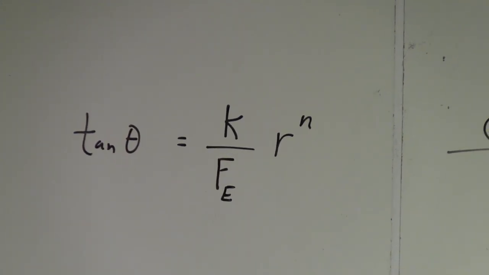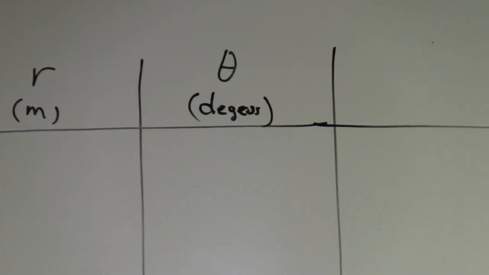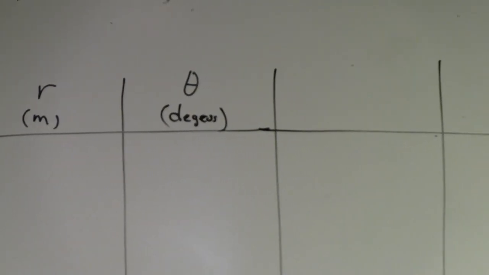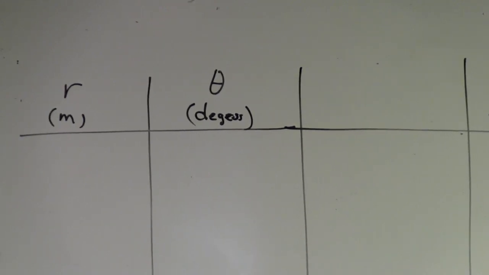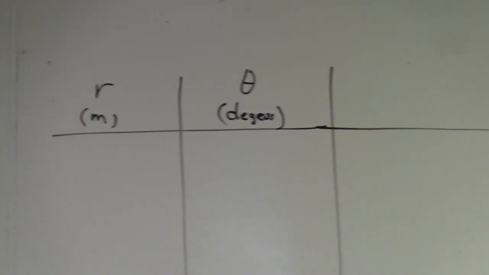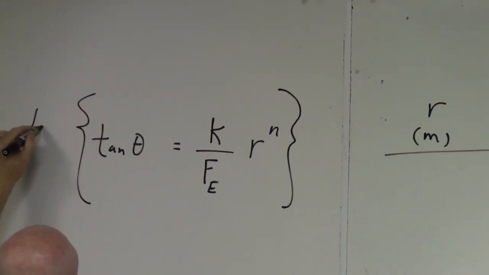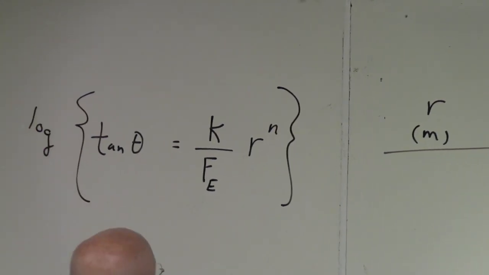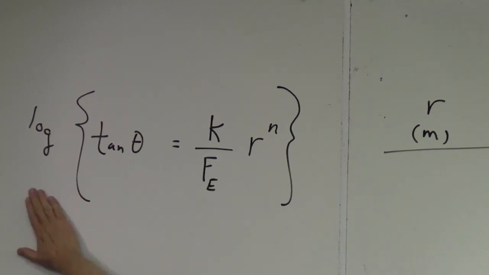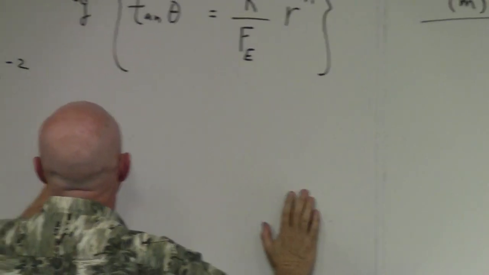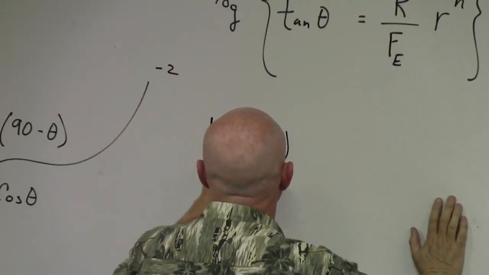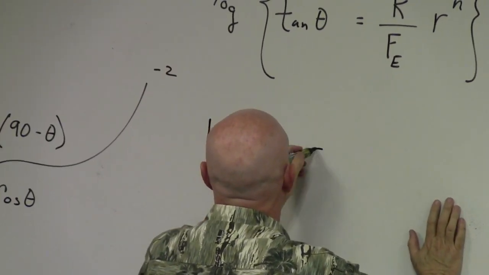So when I go to make a plot, I'm going to do this little trick. Let's take this equation and take the log of both sides. So on this part of the equation, I have the log of the tangents of theta.